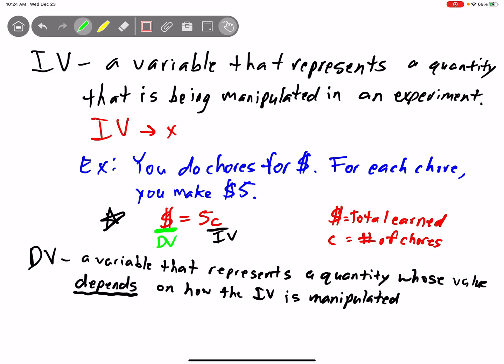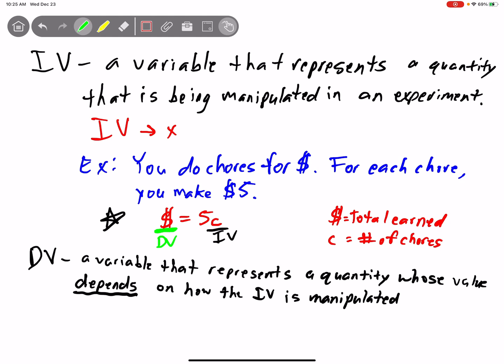If I do 7 chores, my amount of money becomes $35. If you do 10 chores, then this amount of money changes and you get $50. That amount of money depends on how many chores you do.